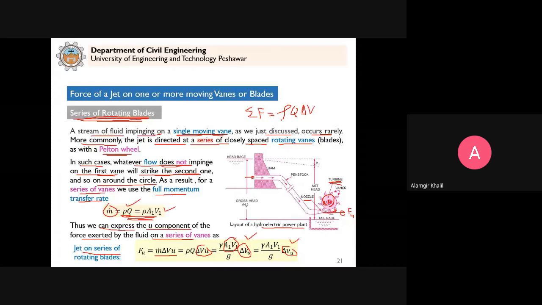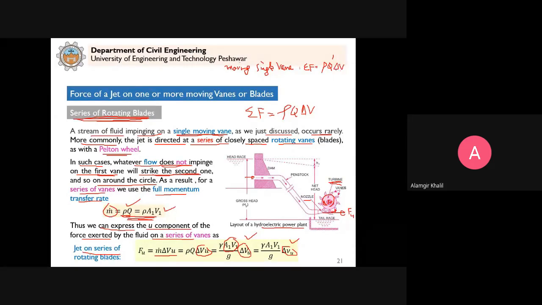But now if a vane is moving, for a single moving vane, we said that the summation of forces will be equal to rho Q dash into change of velocity, and you can consider absolute velocity or relative velocity, you will get the same result.